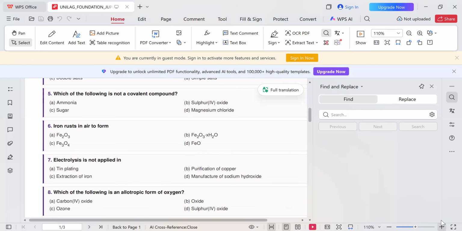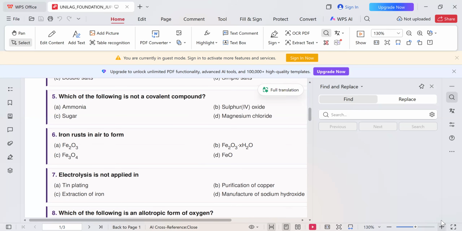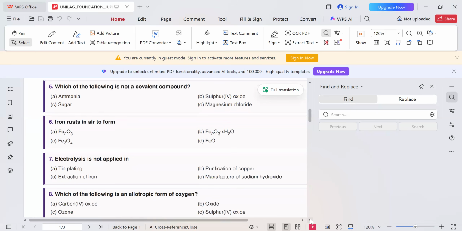It's just like one gains and the other one also gains. In biology, we call it a mutualistic relationship, a relationship where both parties gain. So the answer there is magnesium chloride. Magnesium is a metal and chlorine is a non-metal, so it is not a covalent bond. The others are covalent bonds.